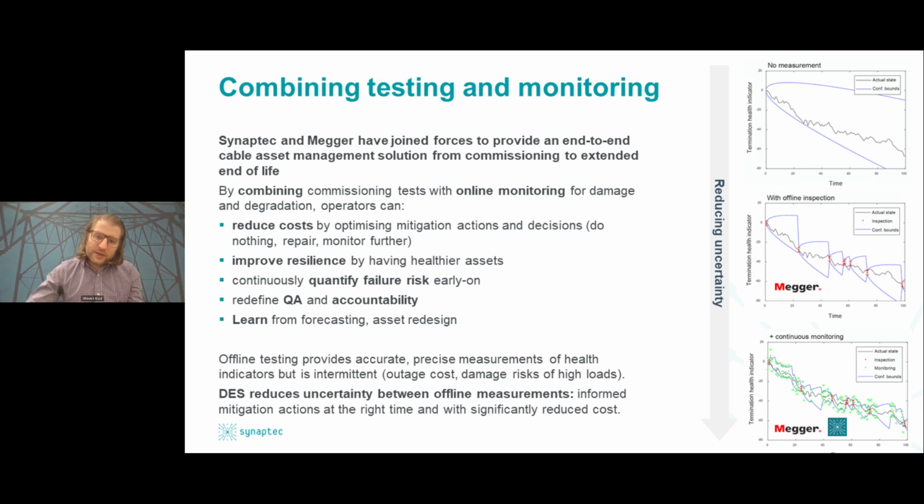But when the system's online and installed, all the joints have been made, all the terminations have been made, that's where Synaptics technology can kick in and provide you online visibility of these potential hotspots for problems. And our goal here is to provide the best through-life cable protection, basically, and observability.